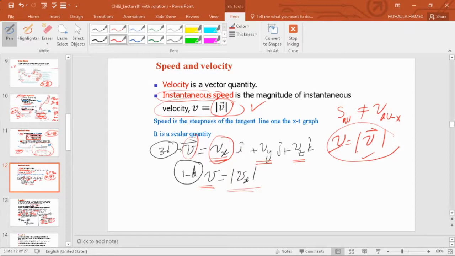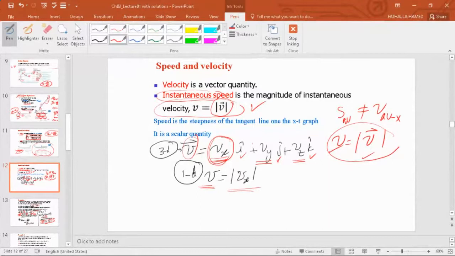Now, in 3 dimensions, the vector should have an x component, y component, and z component. And remember, we said always i hat along the x, j hat along the y, and k hat along the z. But in the present lecture, or in this chapter, we're only talking about motion along one dimension, and we choose that to be along the x-axis, so we're only dealing with the x component here.